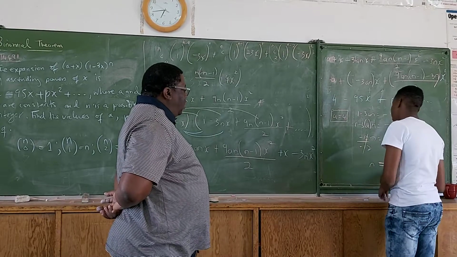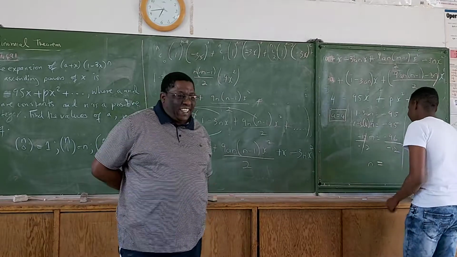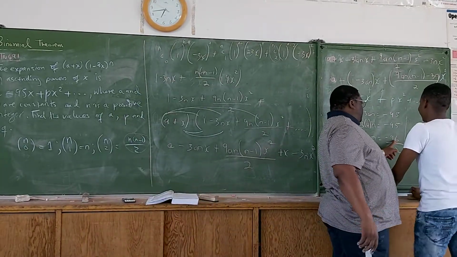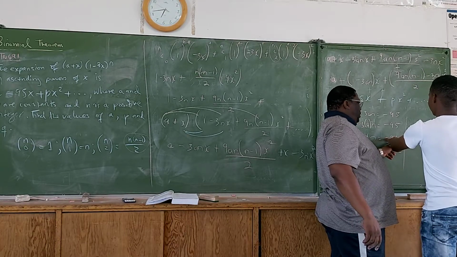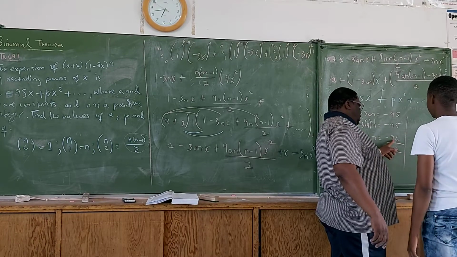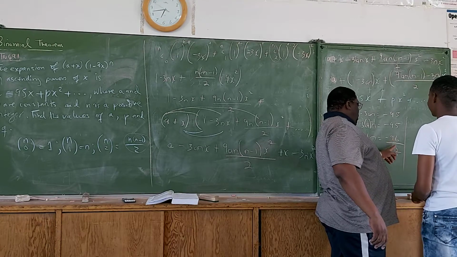Hey, you don't know your 12 times table. Okay, let me, what is half of 96? 48. Half of 12. Okay, half of 48. And half of 6.